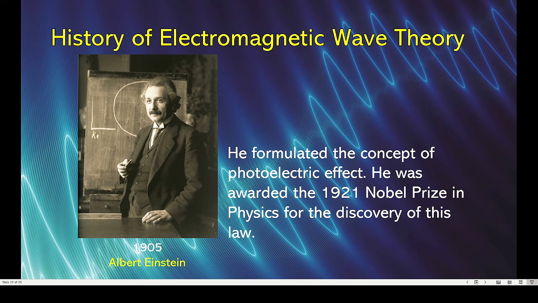So in this study, Einstein won the 1921 Nobel Prize for Physics. The photoelectric effect is the emission of electrons when electromagnetic radiation such as light hits a material. So, although Albert Einstein was also well known for his theory of relativity, he won the Nobel Prize for this study.